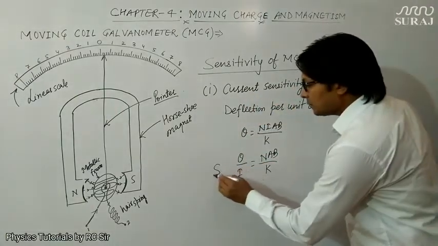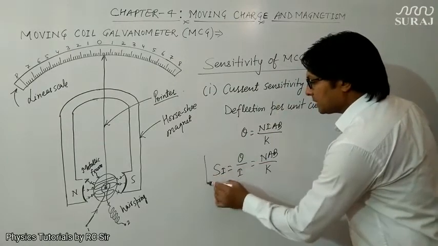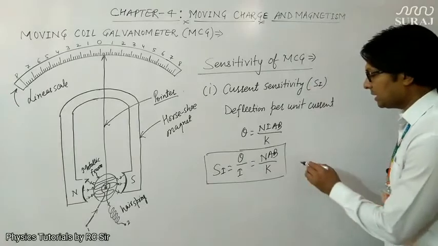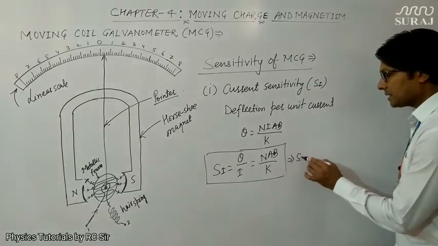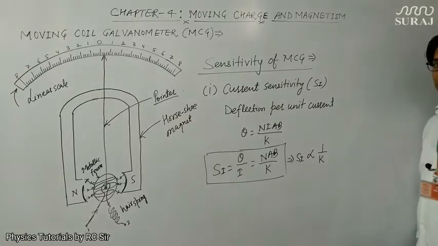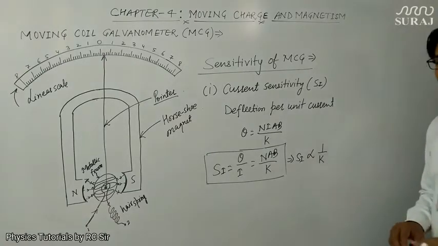So this is the formula of current sensitivity, NAB upon K. And here you can see that the current sensitivity is inversely proportional to the spring constant. We will discuss it later.